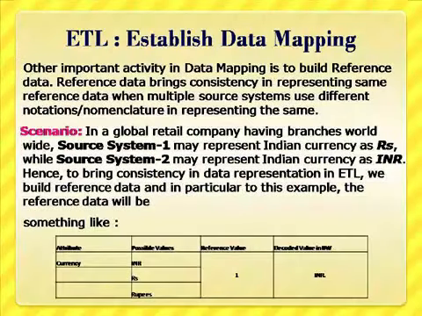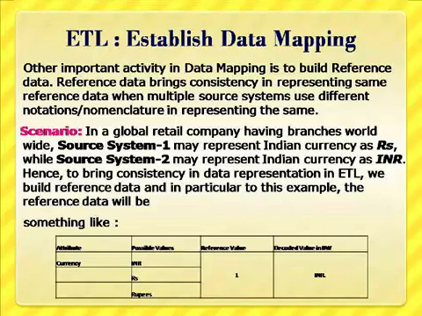Continuation of data mapping specification of ETL. Another important activity in data mapping is to build reference data. Reference data brings consistency in representing the same data when multiple source systems use different notations or nomenclature in representing it. An example of this, we are going to see a scenario.